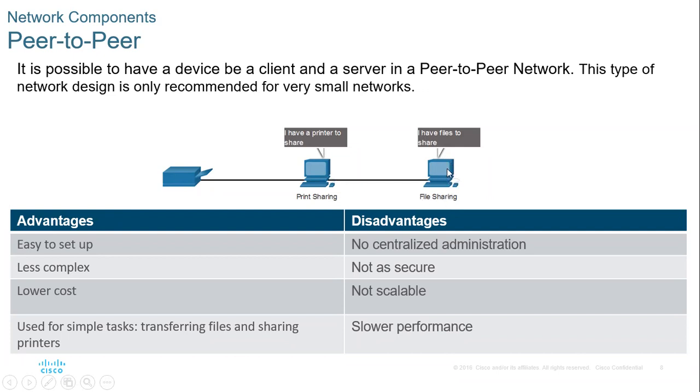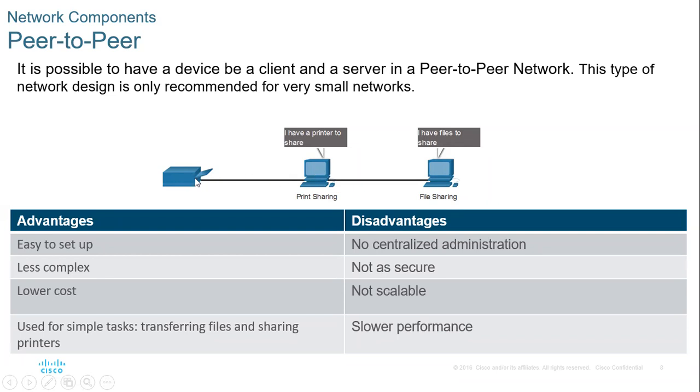It shares a folder or file, and the next computer or laptop does print sharing, not using the network here but using a USB cable for a printer. So here we have a USB cable between the printer and this computer. This computer can print on this printer.